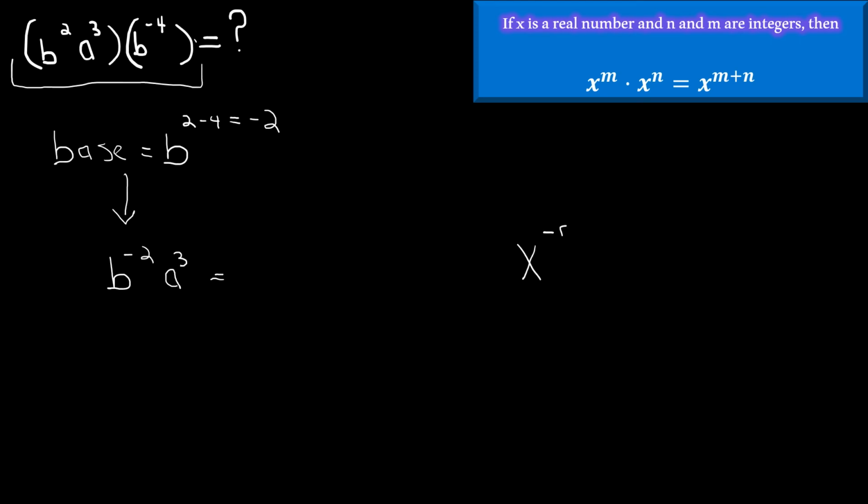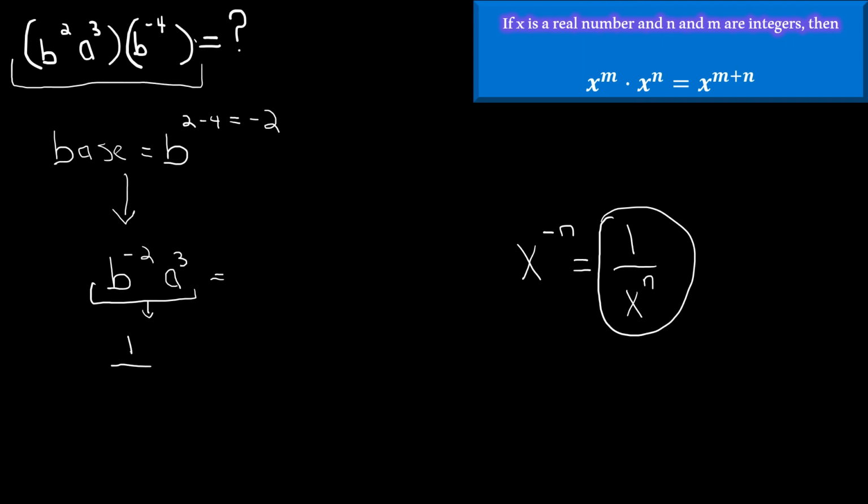If not, go back and watch it. When you have a negative exponent, it equals 1 over the base with a positive exponent. So b to the negative 2 would be 1 over b squared.